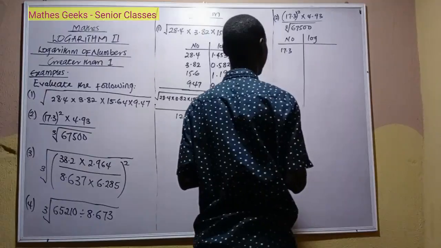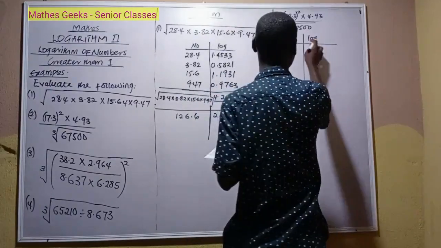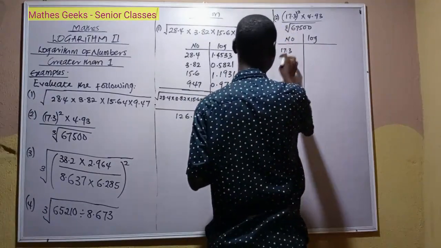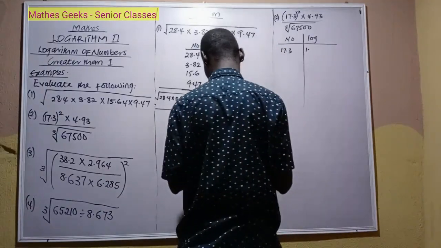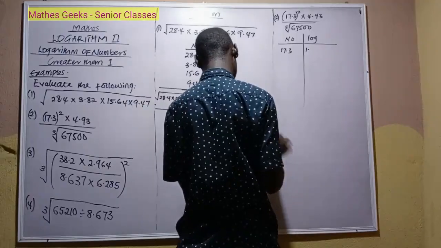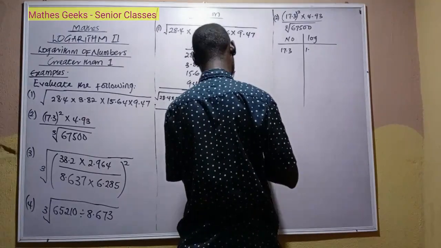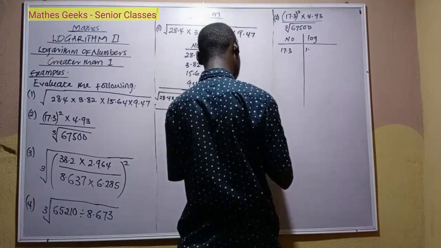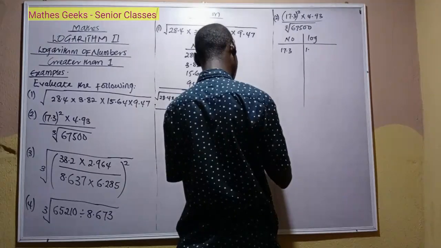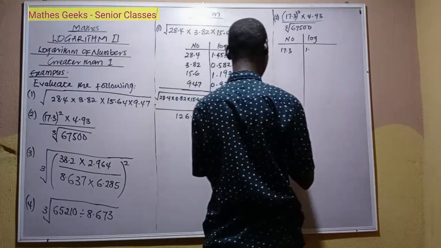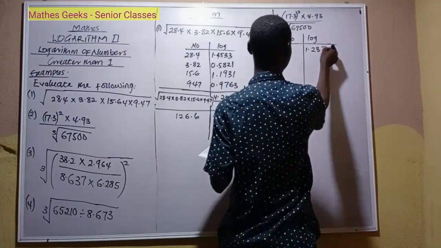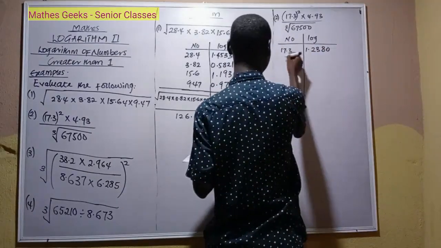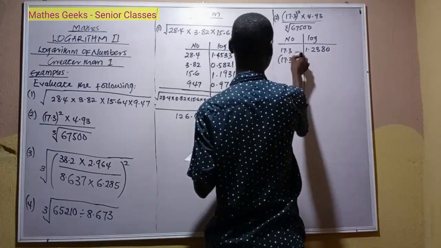So first thing is to look for the value of 17.3. The characteristic is 1. 17 under 3 will give us 2380, so 1.2380. Now we square it.